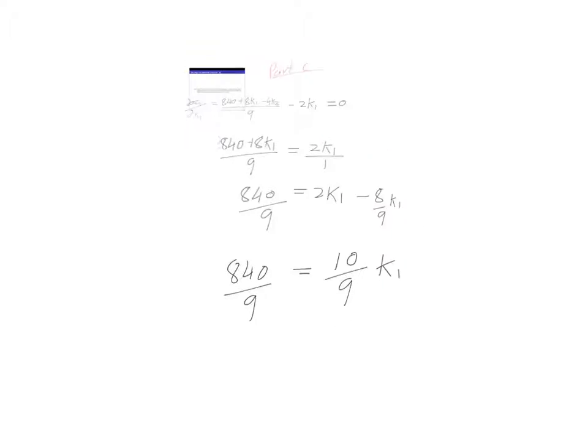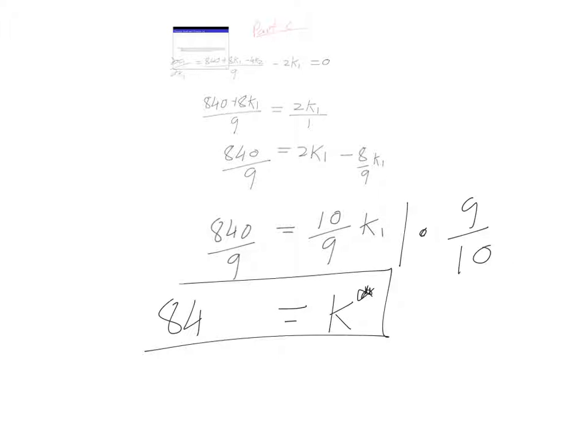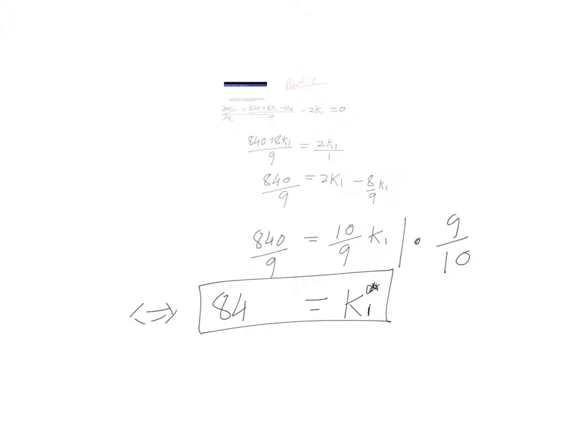And then all you do is multiply both sides by 9 on 10, and you get that K1 star is equal to 84.